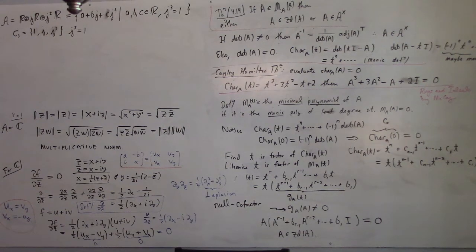I can make the Cayley table for it. 1 times J is J, 1 times J squared is J squared, J times J squared is 1. So J and J squared are inverses, and 1 is its own inverse. That's a cyclic group of order 3.